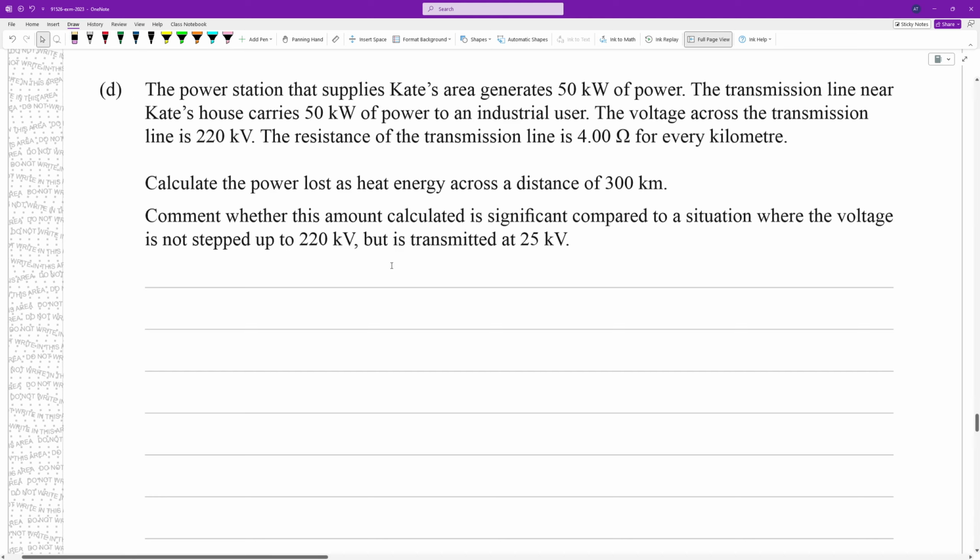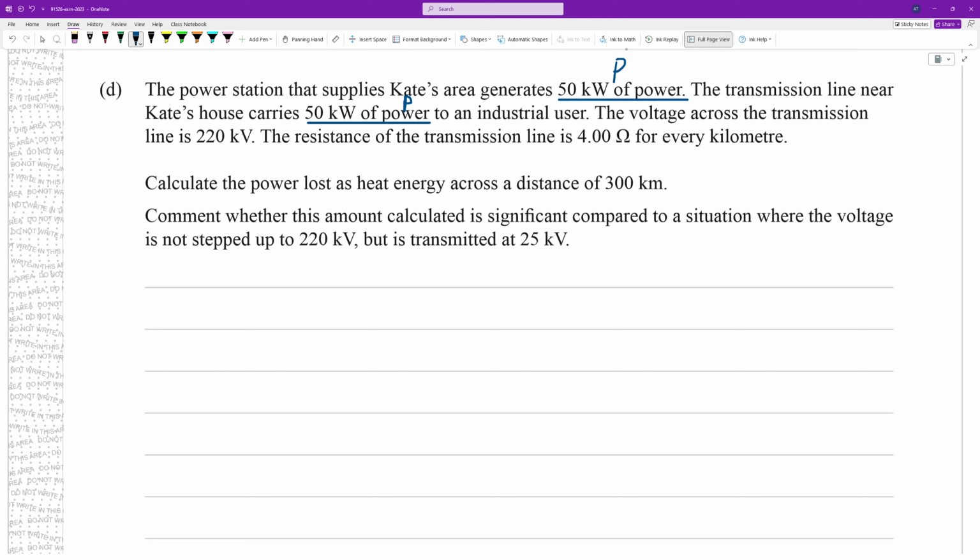All right, so the power station generates 50 kilowatts of power. So P for power. The transmission line near Kate's house carries 50 kilowatts, again, of power to an industrial user.